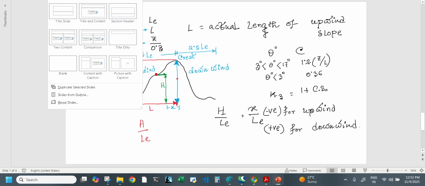So let's have a clear vision on this. We have to calculate the S0 value. So firstly we have to know h, LE and Z. There is a graph available in this code, from where we get the S0 value from two parameters, h by LE and x by LE. And what is LE? LE varies.